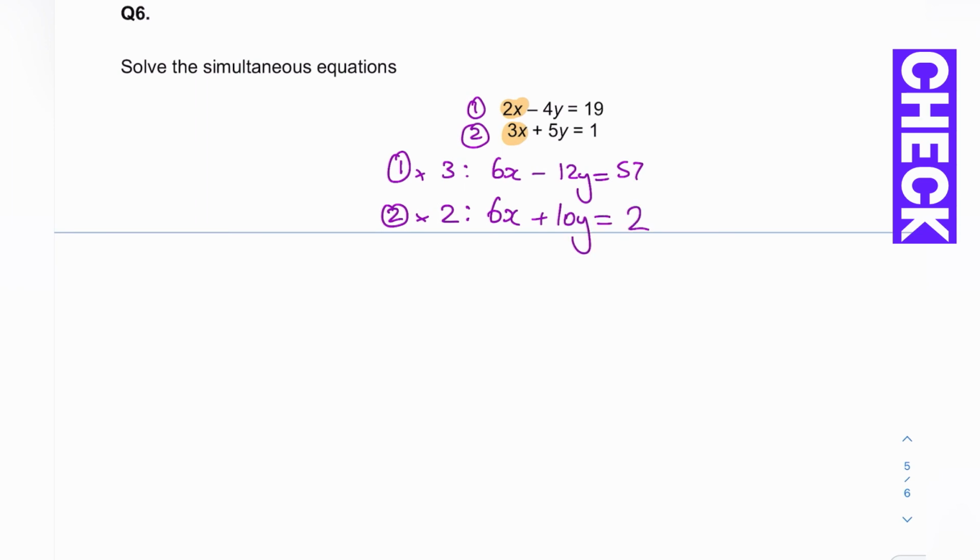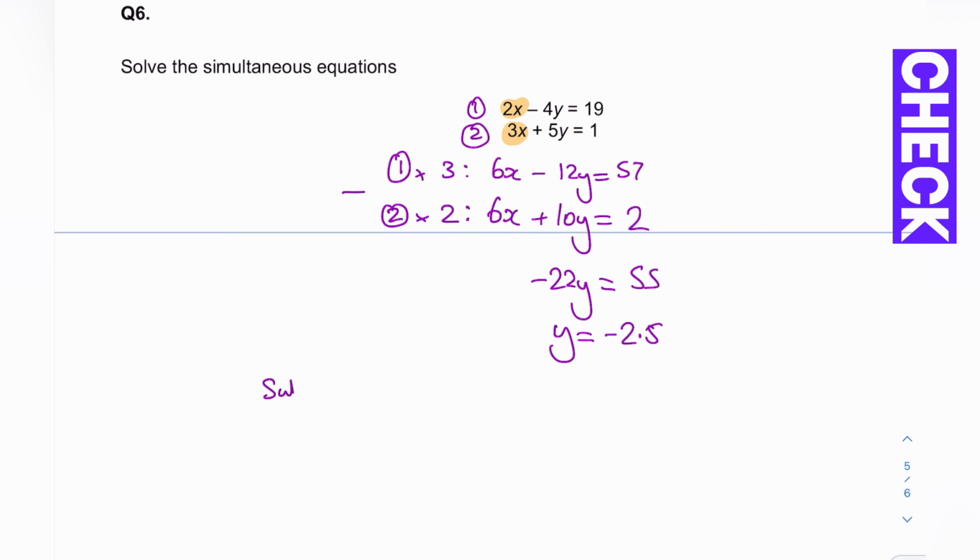Now my coefficient of x is the same. I can subtract because my signs are the same, they're both positive 6, so I subtract. That leaves me with negative 12 subtract 10y, which is negative 22y, equals 55. If I now divide 55 by negative 22, I'm left with y equals negative 2.5.